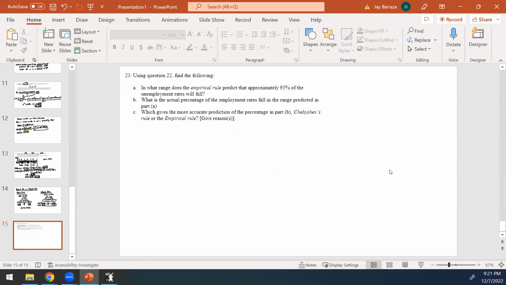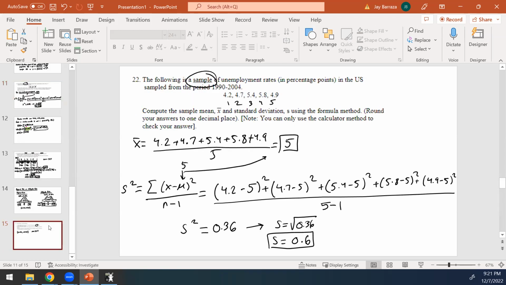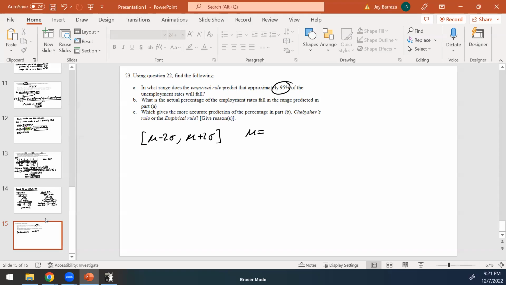In what range does the empirical rule predict that approximately 95% of unemployment rates will fall? So 95%: mu minus 2 sigma, comma, mu plus 2 sigma. Mu was 5, and the standard deviation was 0.6.